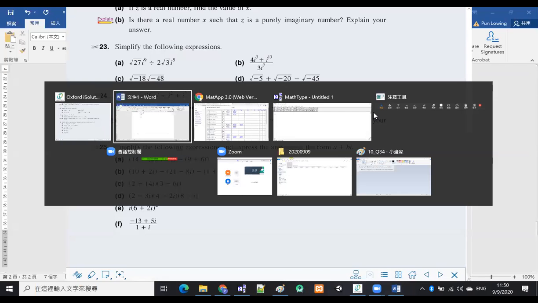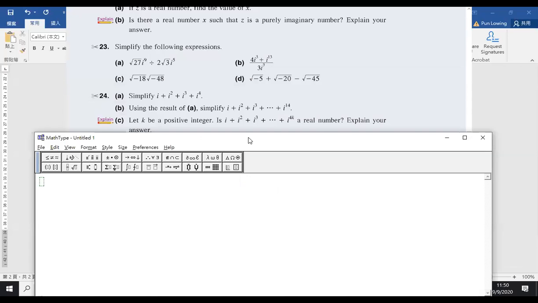Okay, 24. 24a: i plus i squared plus i cubed plus i^4 is equal to, using the pattern, 0.